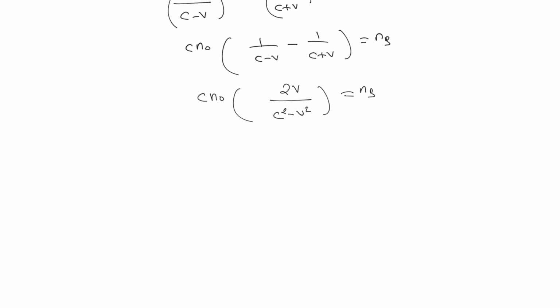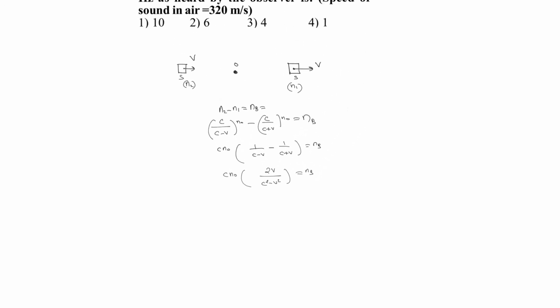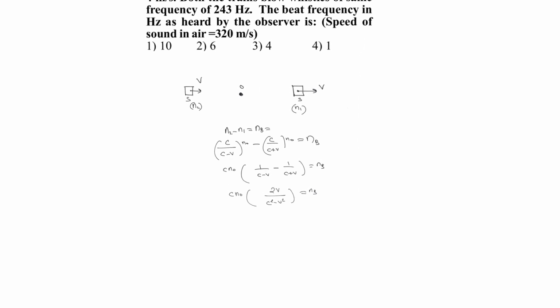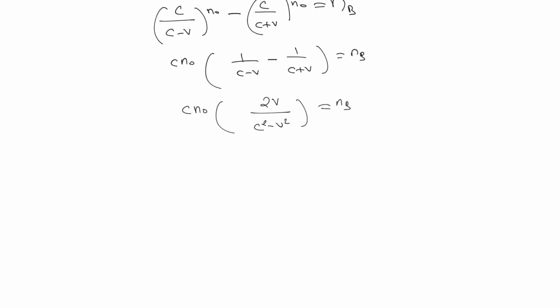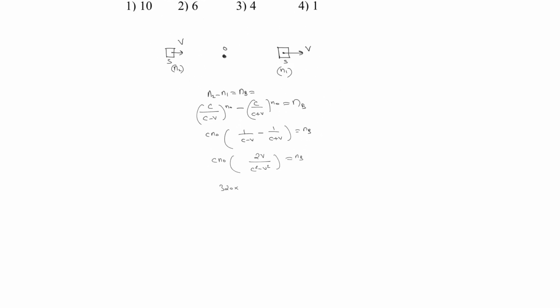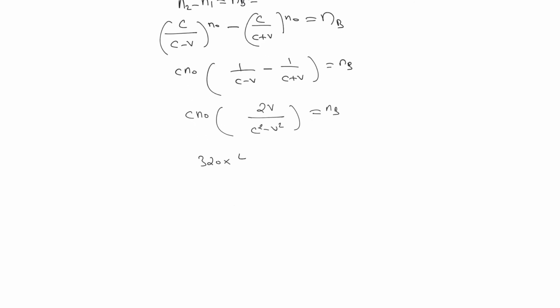According to the given question, the speed of sound is given as 320. So we can take it as 320 into the value of n naught, which is given as 243, into 2 into v, where the velocity is given as 4, divided by c square.